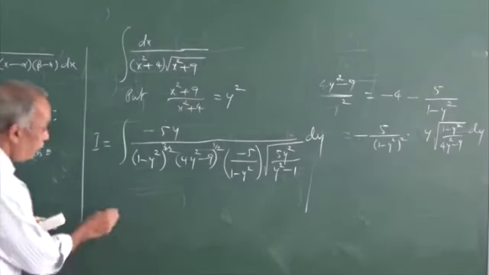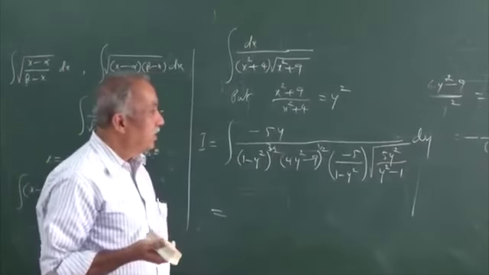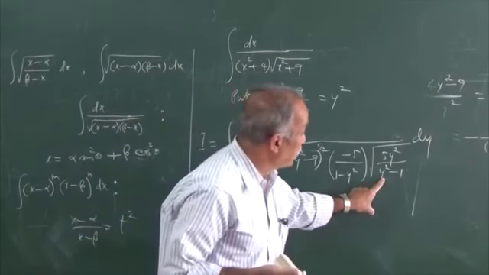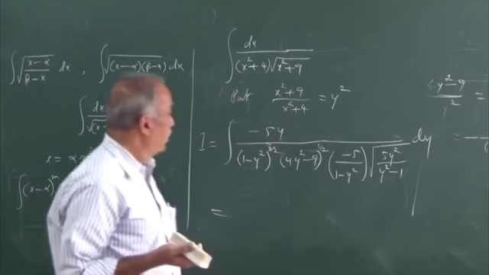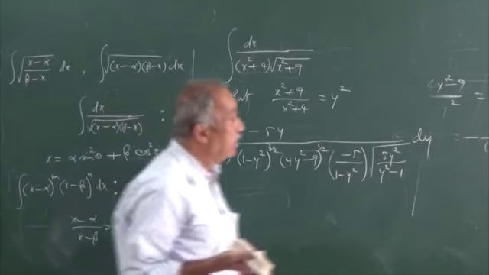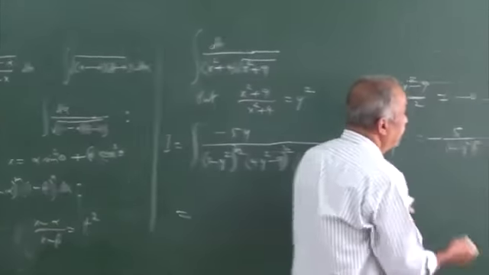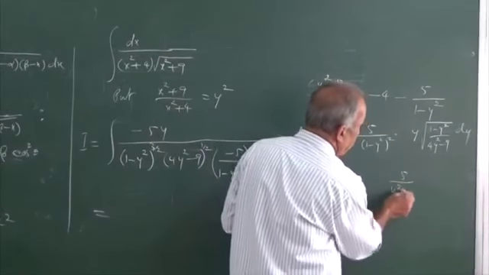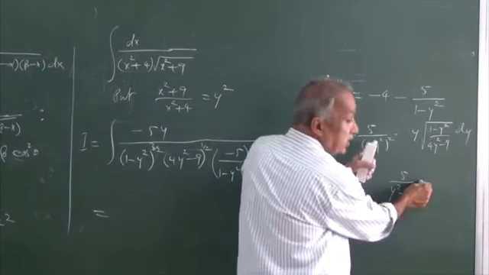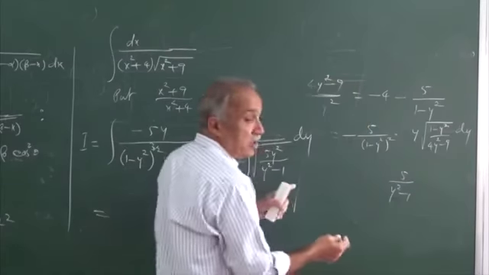Simplify. Oh, are we having y square minus 1 in denominator? I would prefer to have 1 minus y square. What has happened? One second. Minus? How much? Minus or plus? Plus 5.